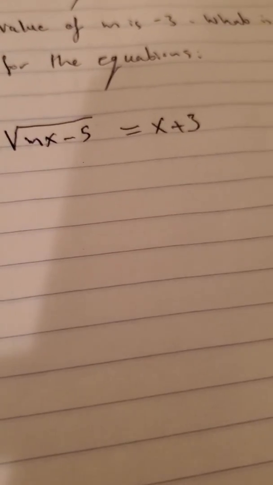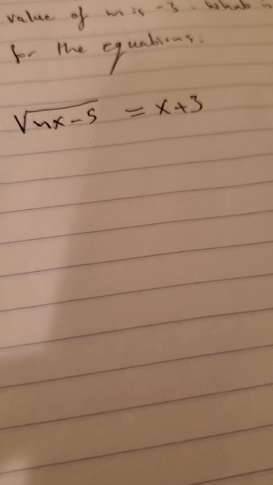So the problem is in the following way. The square root of mx minus 5 is equal to x plus 3. What I need you guys to keep in mind always, in any equation that has a square root, you're going to first eliminate the square root.